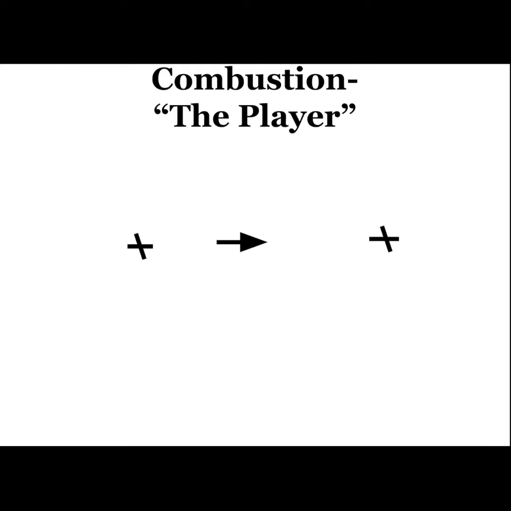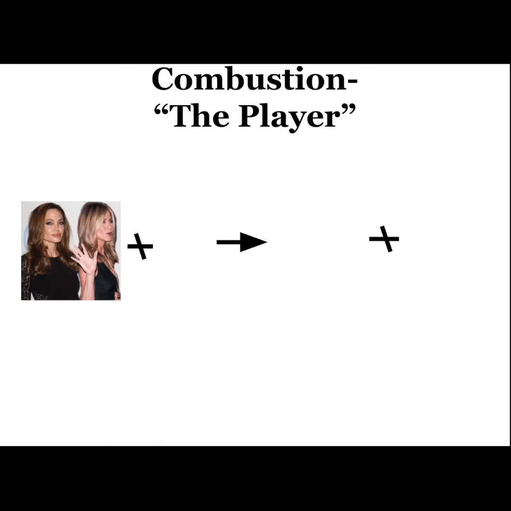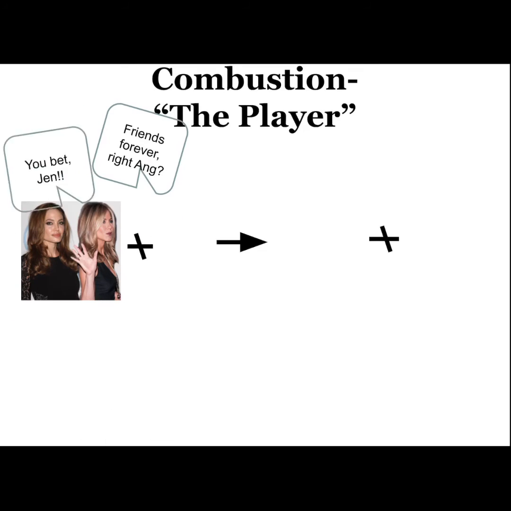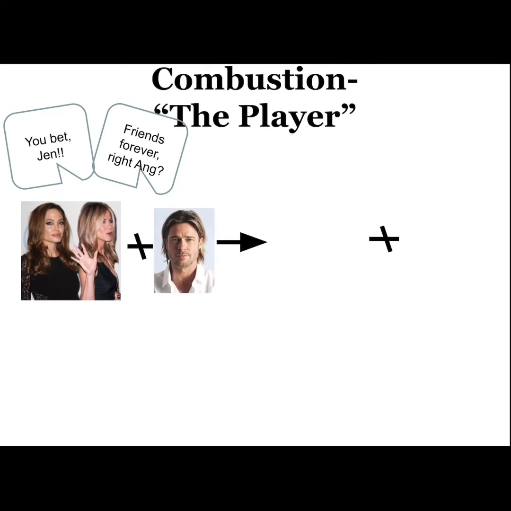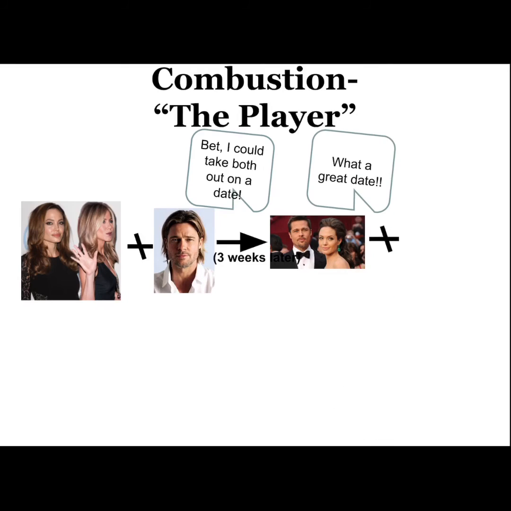Lastly, I have combustion. We're calling this the player. So we all know who those people are. They were friends. Some guy comes along. He ends up being with both people.